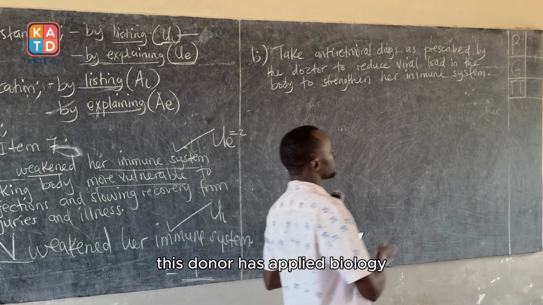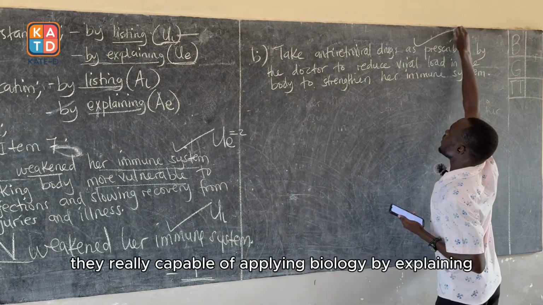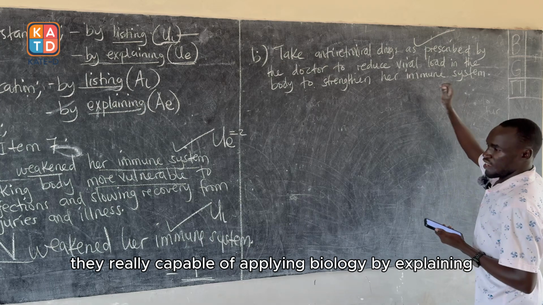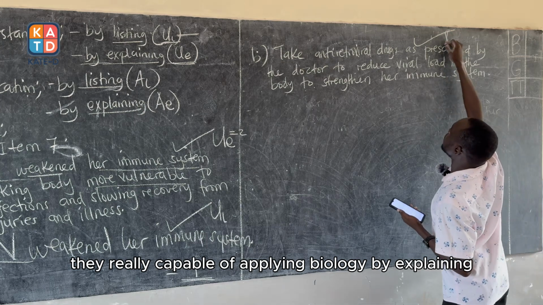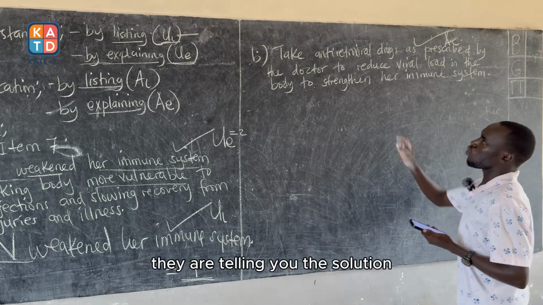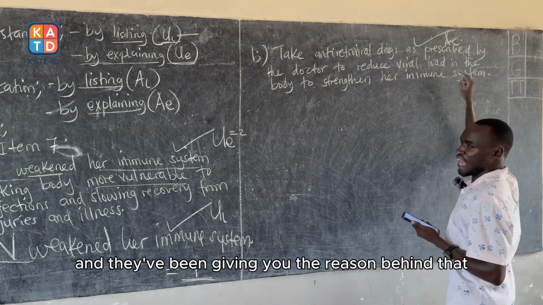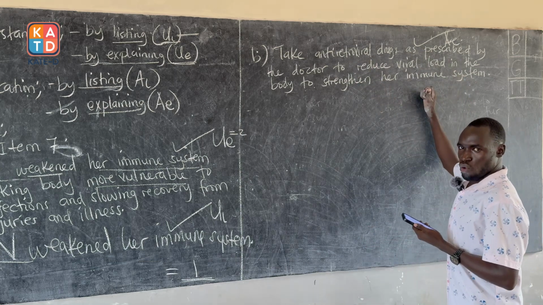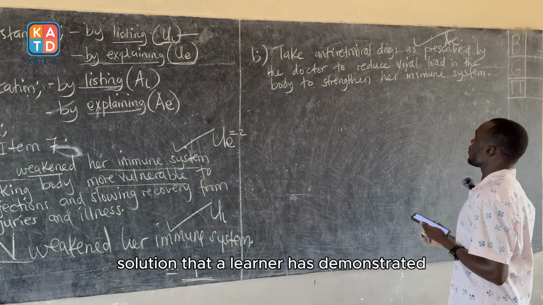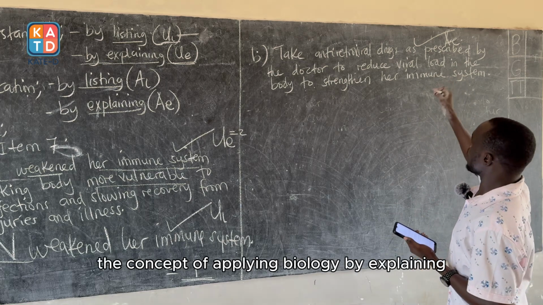This learner has applied biology, and it shows you they are really capable of applying biology by explaining. They are telling you the solution and then giving you the reason behind that solution. That learner has demonstrated the competence of applying biology by explaining.